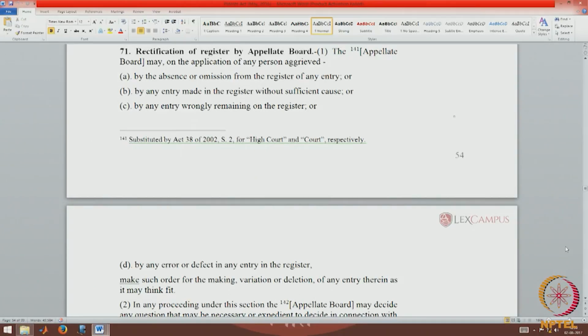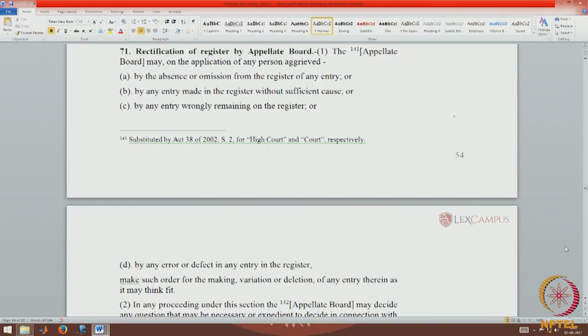Now what happens if a third party is aggrieved and he wants to correct the register? If a third party is aggrieved by an entry in the register, then the recourse for the third party will be to approach the appellate board. There is no provision to approach the controller.